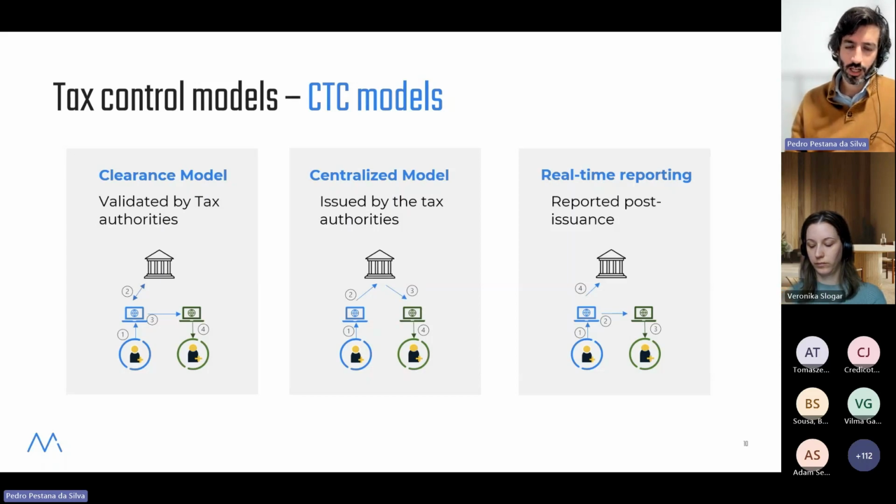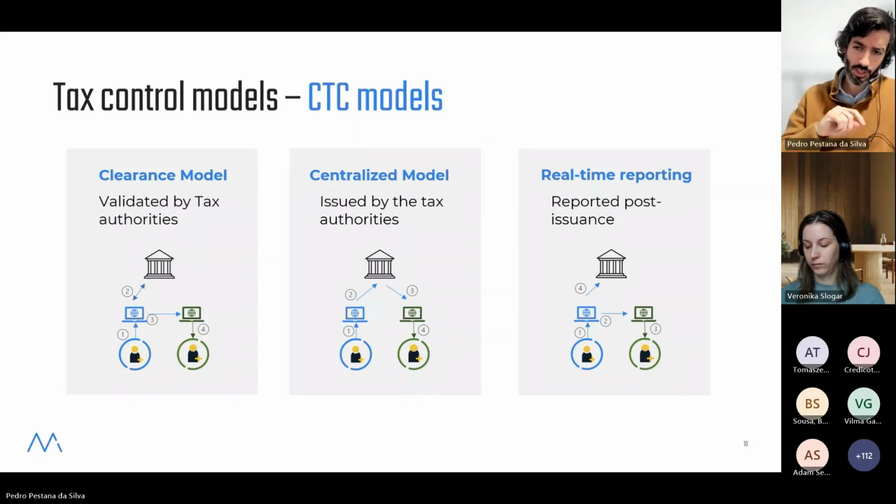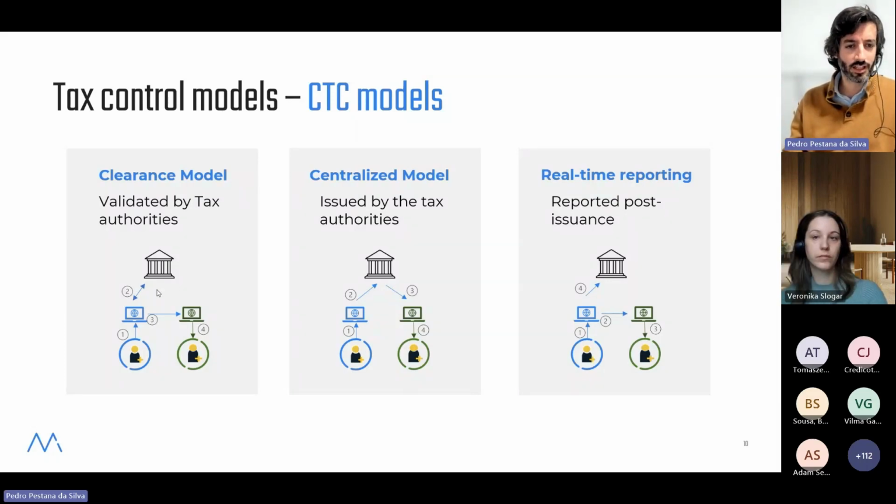And then finally, you got the real-time reporting, which as such will not necessarily require a pre-approval of the invoice. Because in these first two models, as you can see, the tax authorities will know about the invoice before your customer does.